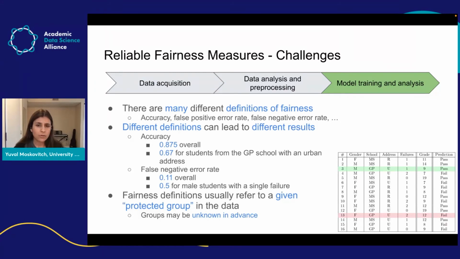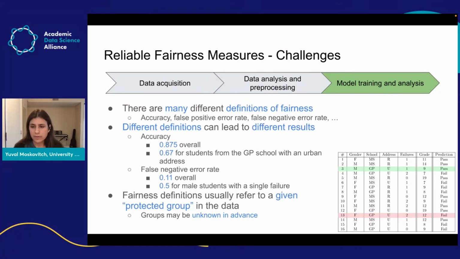One way to define fairness is through accuracy, where if a given group in the data has extremely low accuracy compared to the other groups or the overall accuracy, we may say that this group is treated unfairly by the model. And similarly, we can look at false positive or false negative errors. When we consider different definitions, we might get different groups that are treated unfairly.